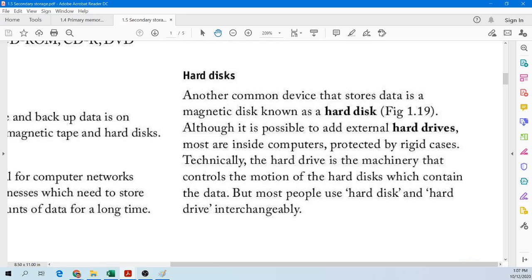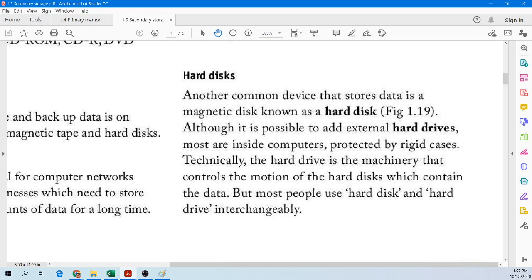Narendra, can you read for us? Yes, sir. Hard disk.